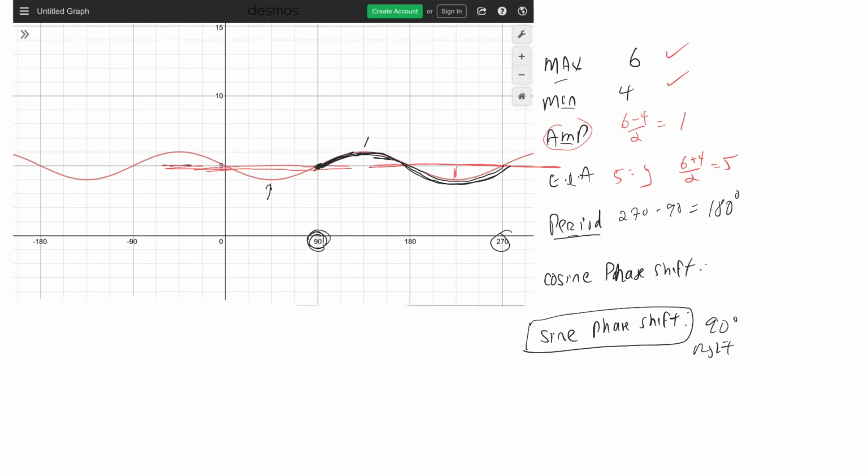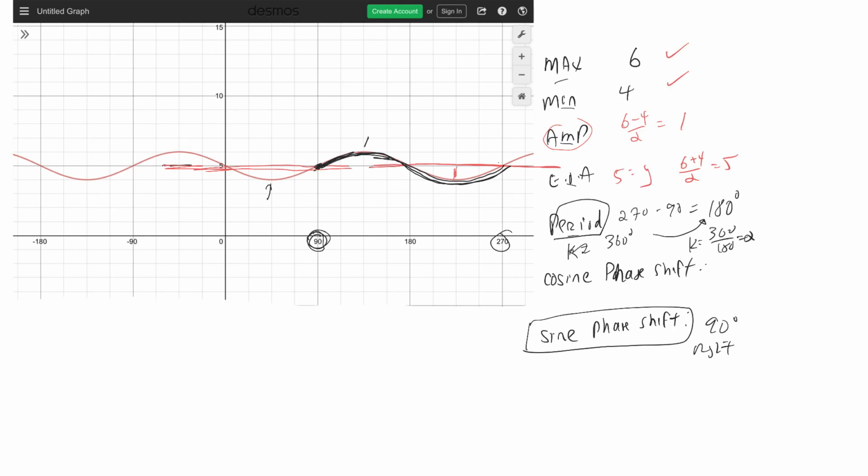And over here, for the period, you have to figure out the k value. The original graph used to be 360 degrees, but what happened? It's actually compressed, by a factor of 2, because 360 divided by 180 is 2.